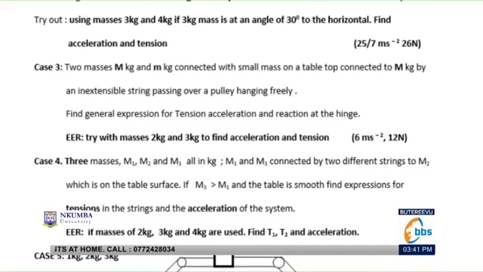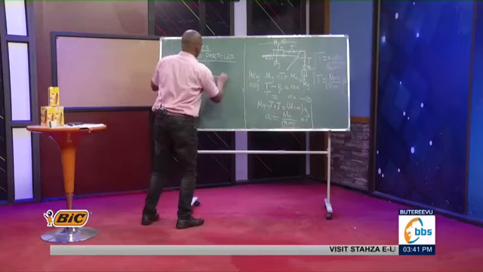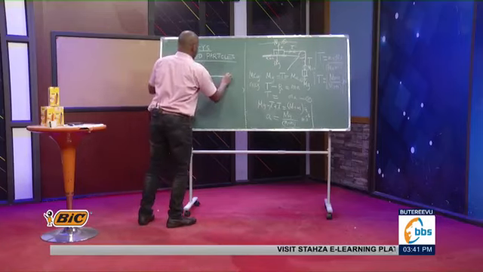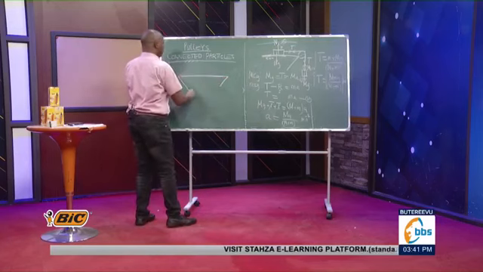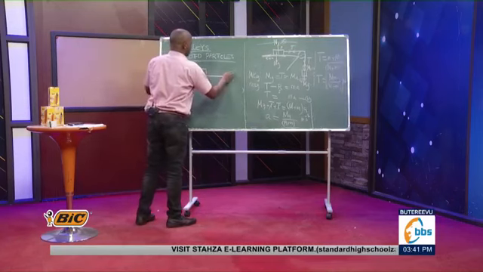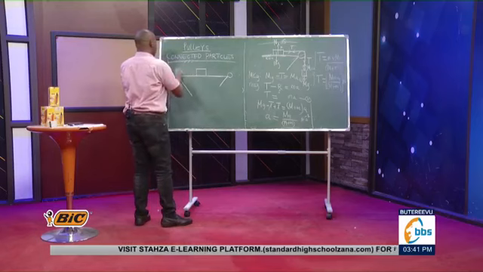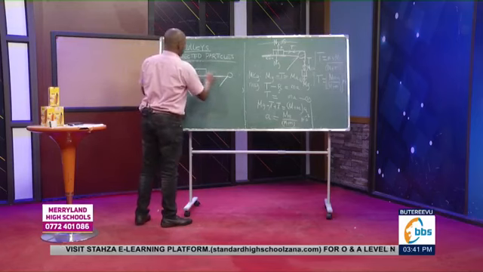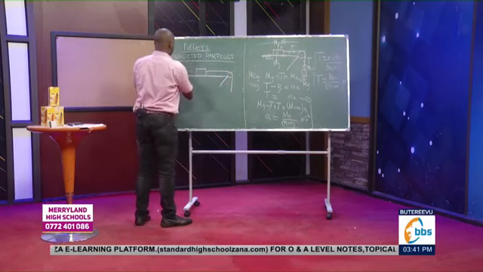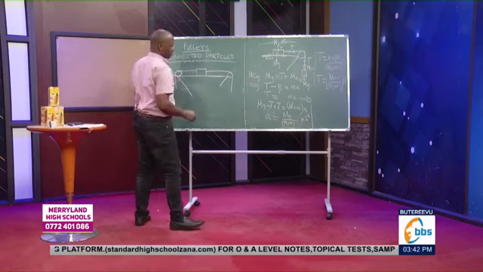This topic is a very important topic, and our dear candidates, we are going to look at another case. This case is still a table, but now we have 3 masses. But there is one thing I have not shown you, which I can quickly flash back and show you.